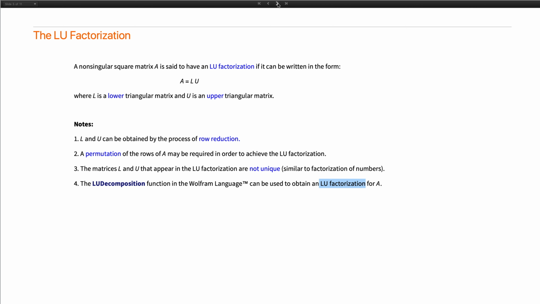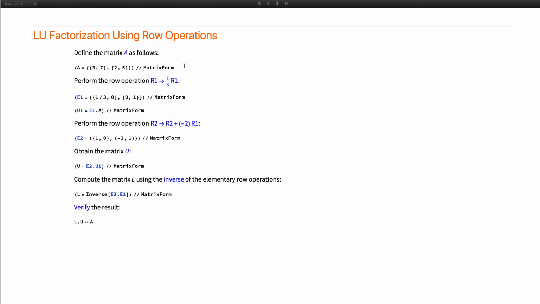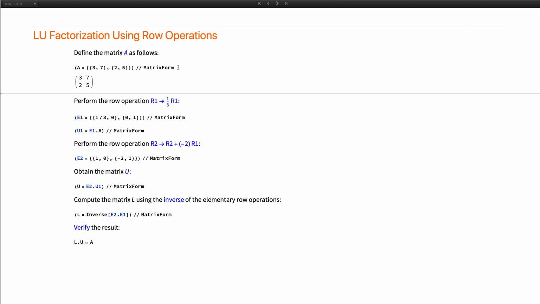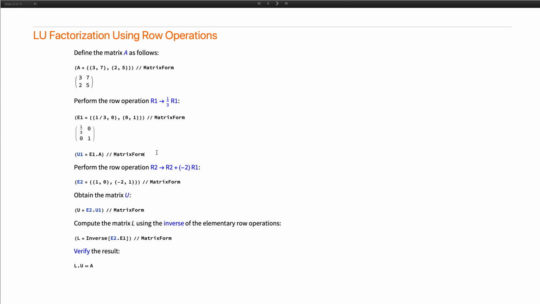Okay, so now let's take an example where we try to do the LU factorization with row operations. So here is a matrix A, just a 2 by 2 matrix. I first want to make this 3 into 1, so I multiply the first row by 1/3.